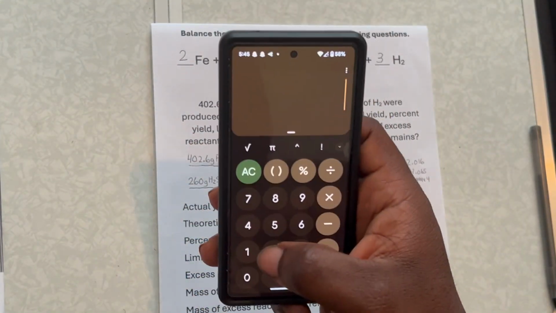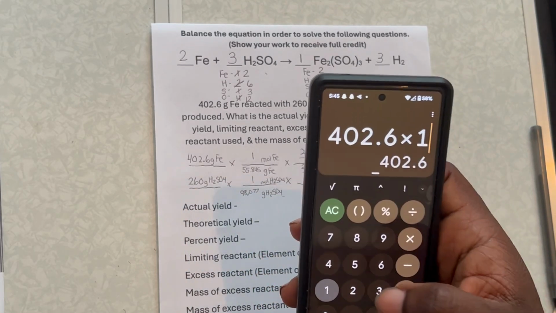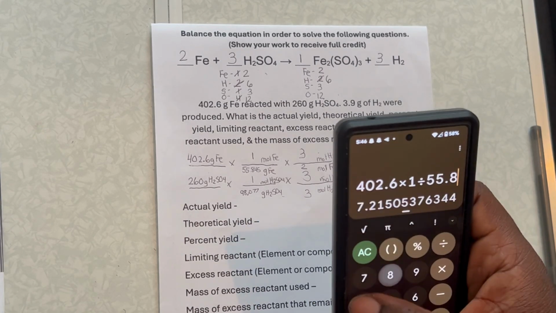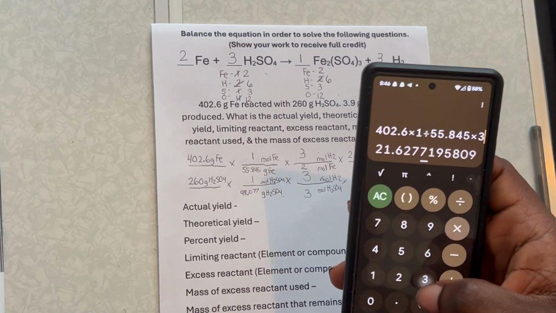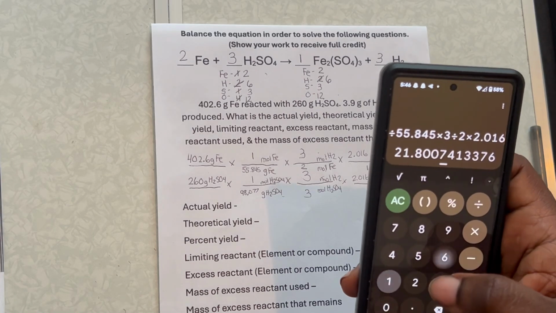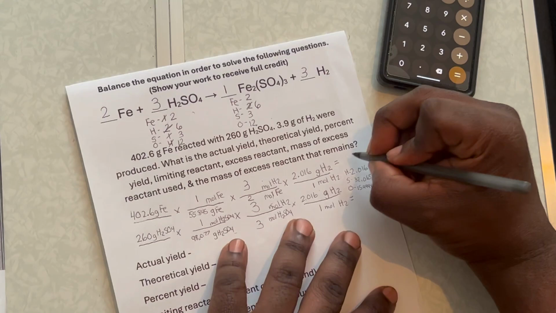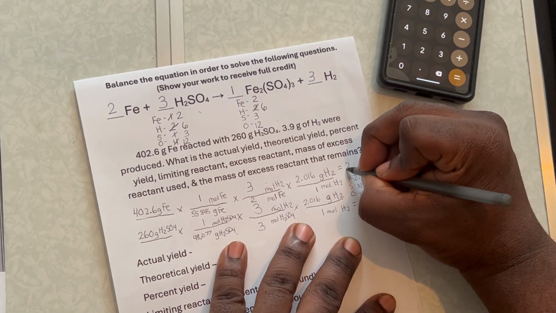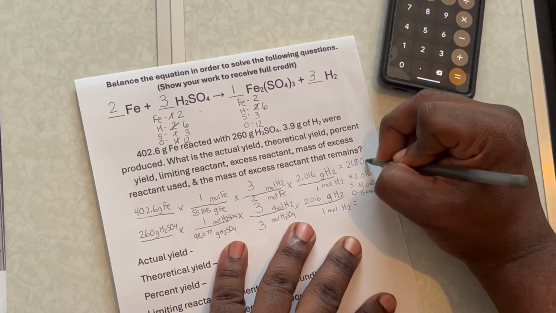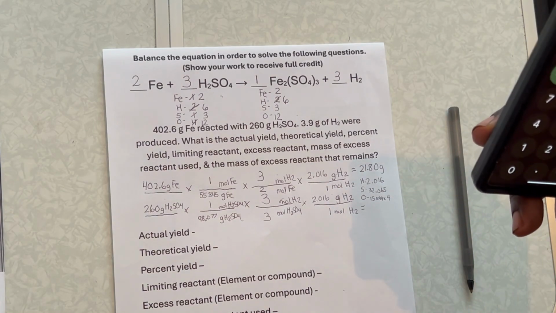You can actually put all of this in the calculator together. So I'm going to put 402.6 times 1 divided by 55.845 times 3 divided by 2 times 2.016, and you get 21.80 grams. So for iron, that's how much was used up.